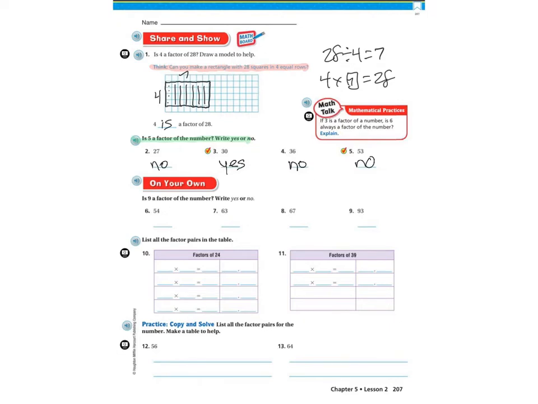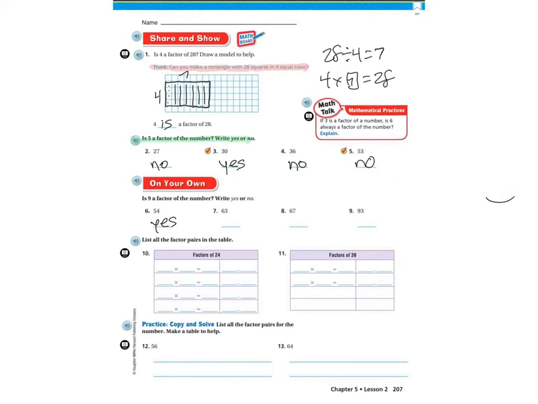But let's just do the sum of the digits. Remember our divisibility rule, if you turn back to your page, on page 206, the divisibility rule for 9 is the sum of the digits is divisible by 9. So let's do 54, and we're going to add up the digits. 5 plus 4 gets me 9. So is 9 divisible by 9? Yes. 9 divided by 9 is 1. So that's a big old yes.